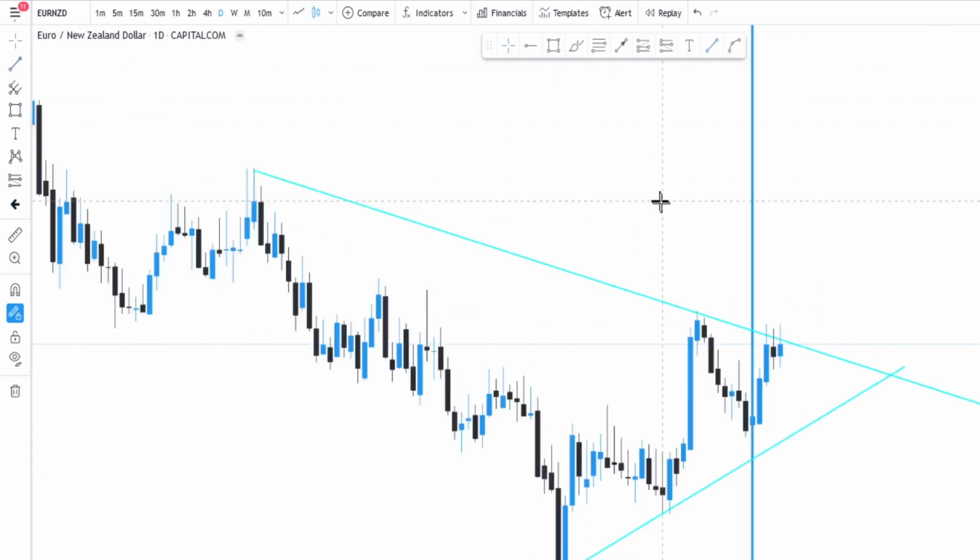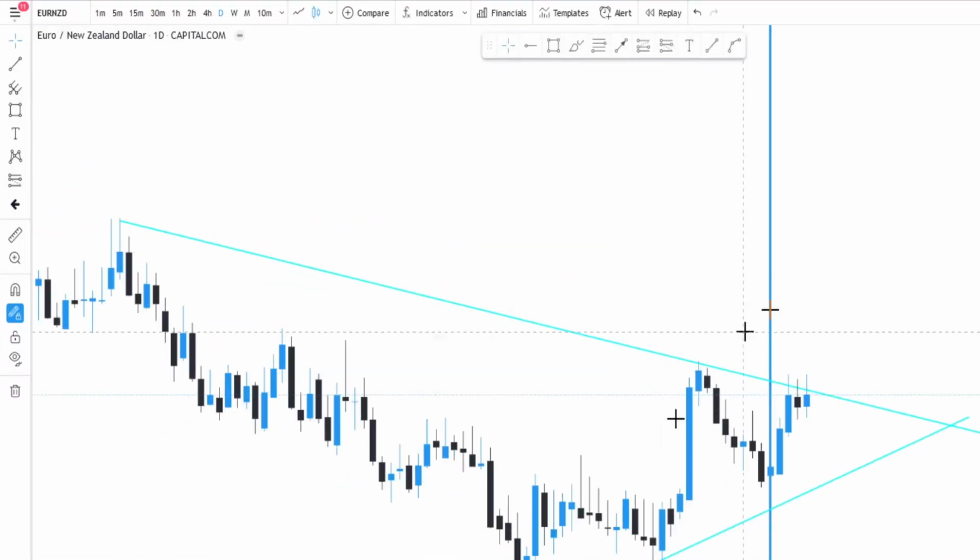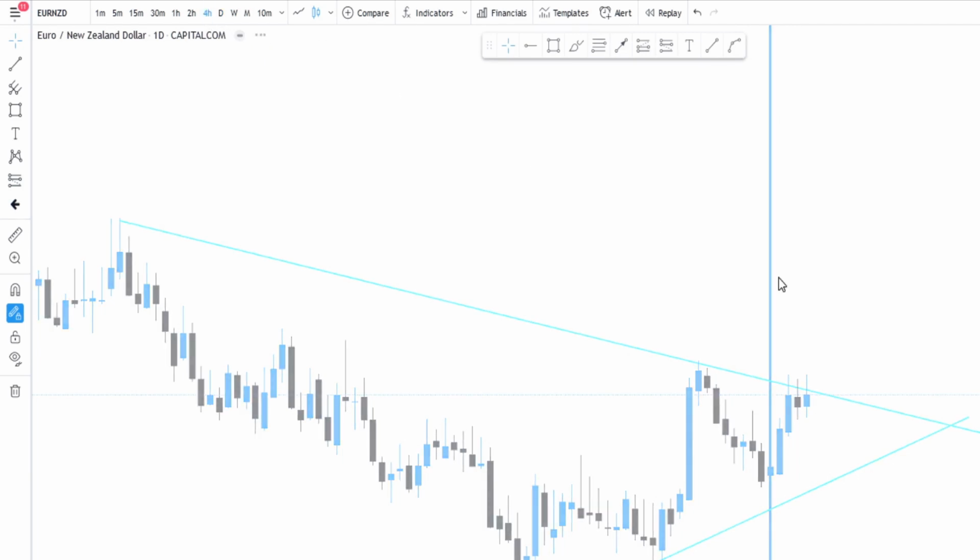So here the structure broke this zone, so now we are at a buy bias with a confirmation here. So let's go to the 4 hour.